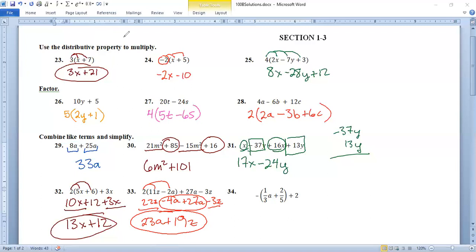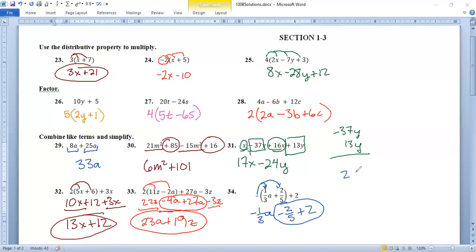Okay, and the last one. Ooh, this is just a negative that's distributing over here. So we get negative 1/3 a minus 2/5 plus 2. Ooh, so a is the only term like itself, this negative 1/3 a, but these two can combine together, and we get negative 2/5 plus 2.